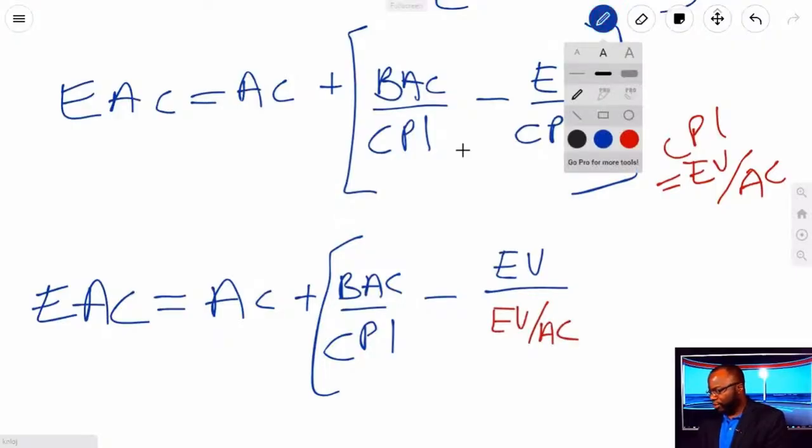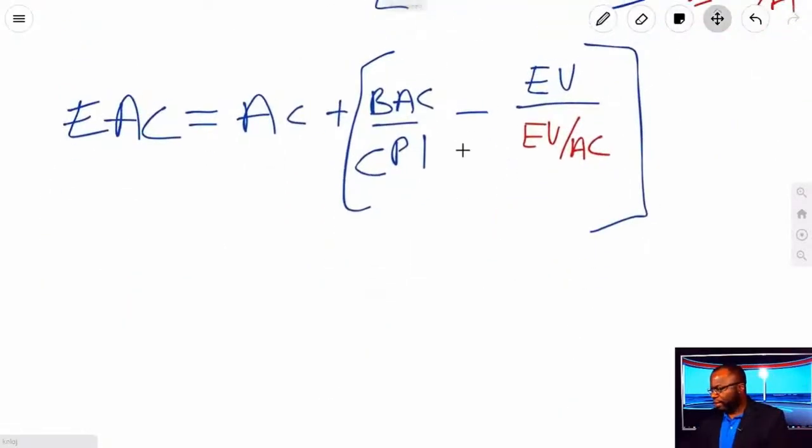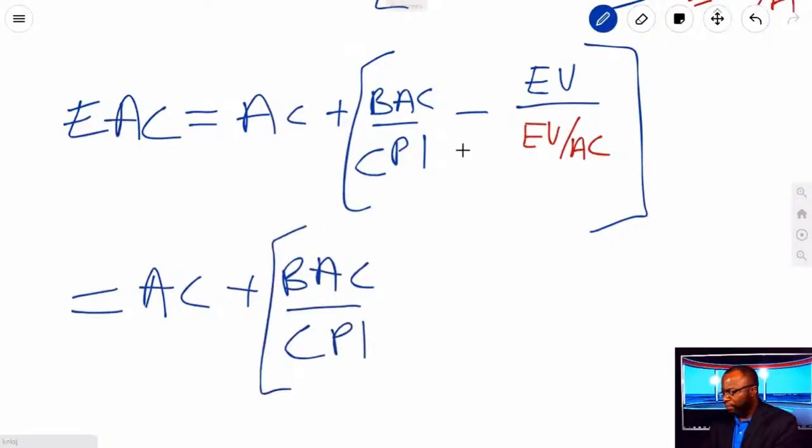That is really what it boils down to. See? Now, if we keep solving, we're going to end up with actual cost plus BAC divided by CPI minus, guess what?